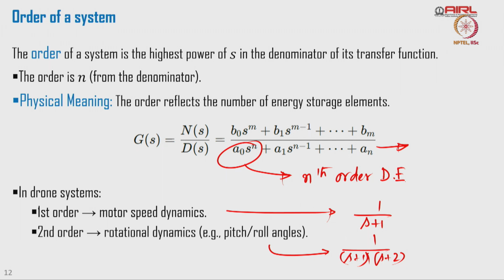So, first order system comes from a first order differential equation, second order system from second order differential equation. So, in drone systems, we have already seen that the motor speed dynamics can be represented by a first order system. However, we will see in later lectures that when we talk about pitch or roll angles, that means the attitude angles and rotational dynamics get involved, then we get a second order dynamics, okay, or second order system.